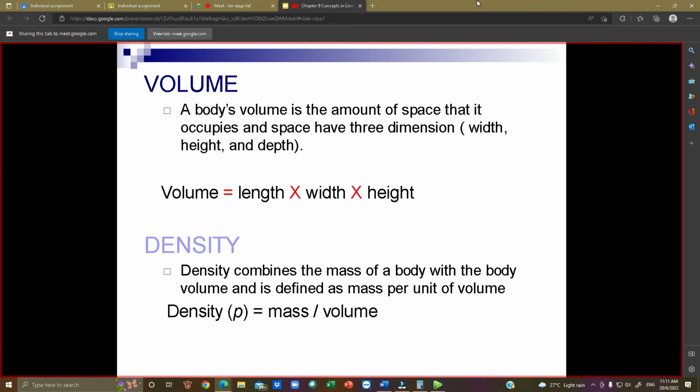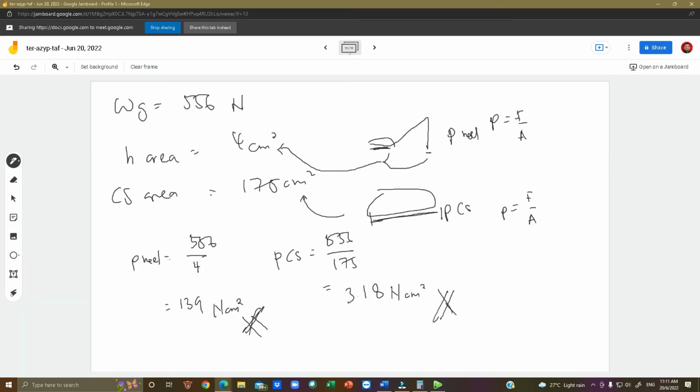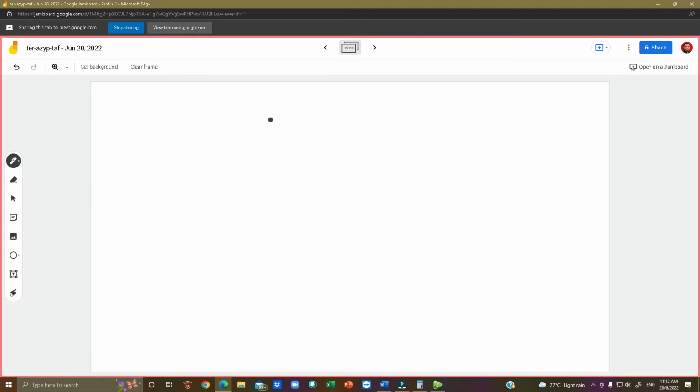Okay. Contoh lain, let's see some other example of pressure. Yes, saya cari contoh pressure. Okay, this one. Alright. Let's see this example. Kita, mana saya punya pen? Okay. Kita ada satu gymnast. Let's say first we talk about gymnast flooring. Macam yang ada dalam lab tu. Benda-benda warna hitam.